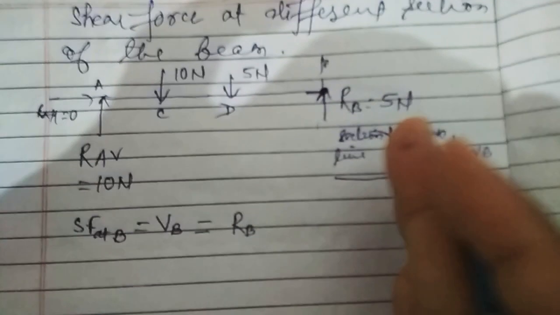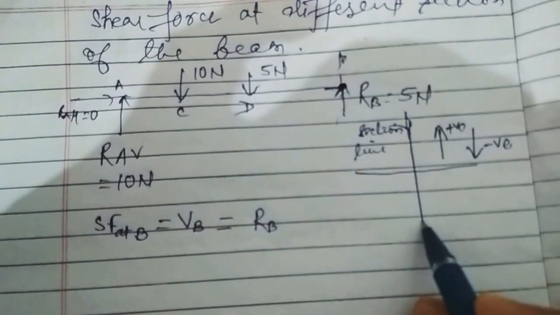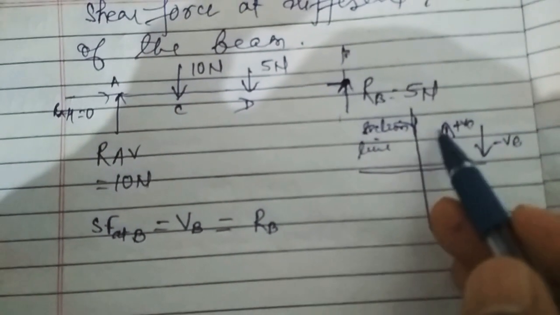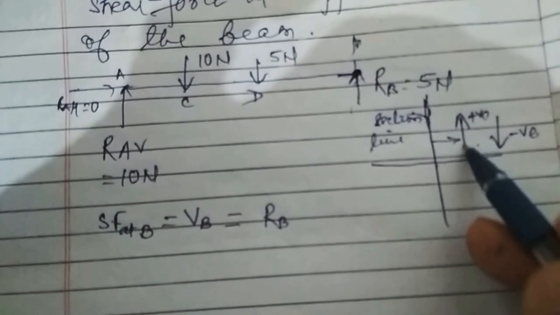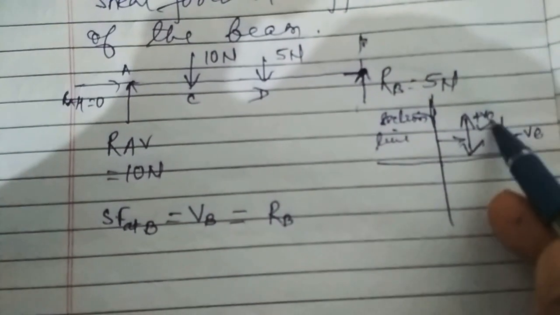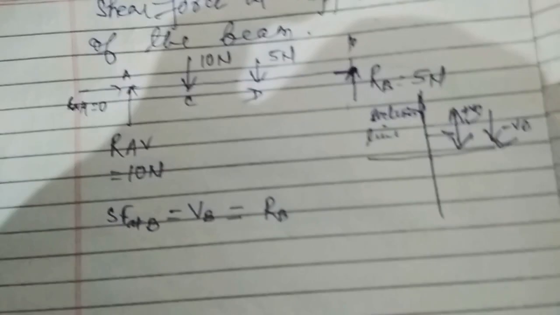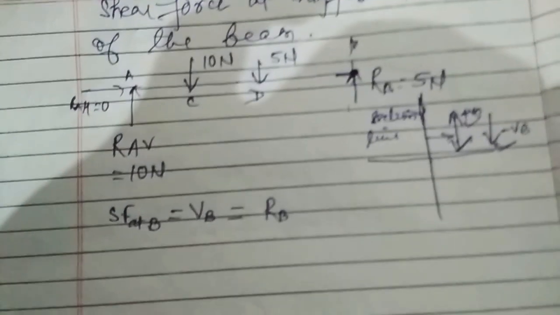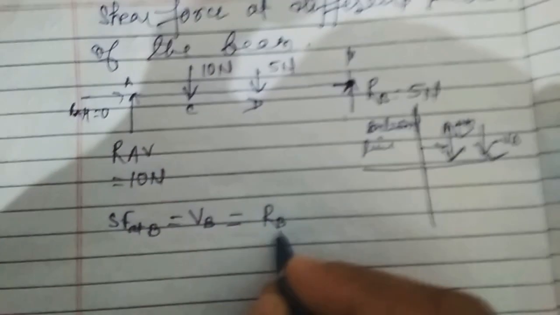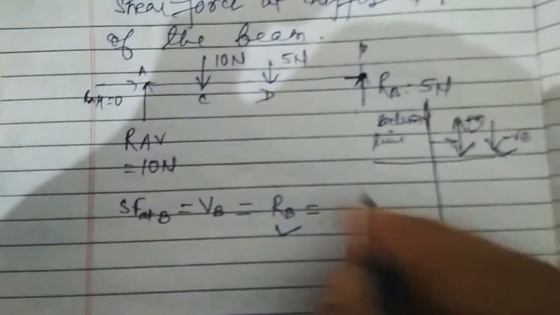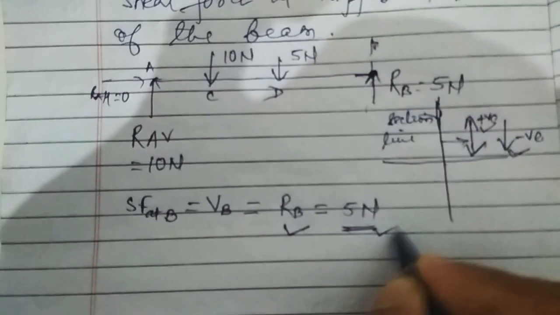If we consider a section here and the shear force acts on the right of the section and acts upward, then it is considered positive, and if it acts downward, then it is considered negative. You can follow whatever assumption you want, but it should be uniform throughout the question. So here RB is positive. The value of RB is 5 Newton, so the value of shear force at point B is 5.